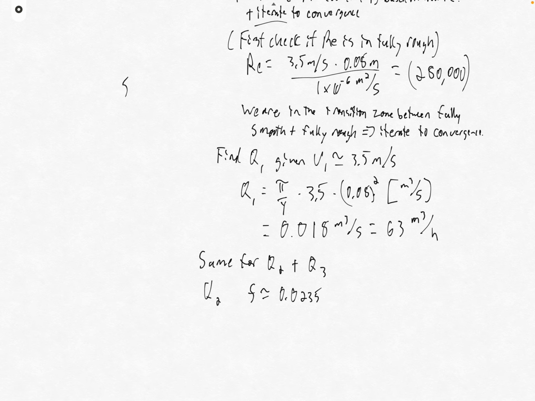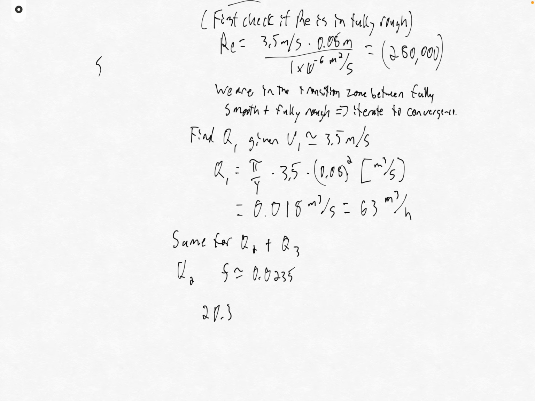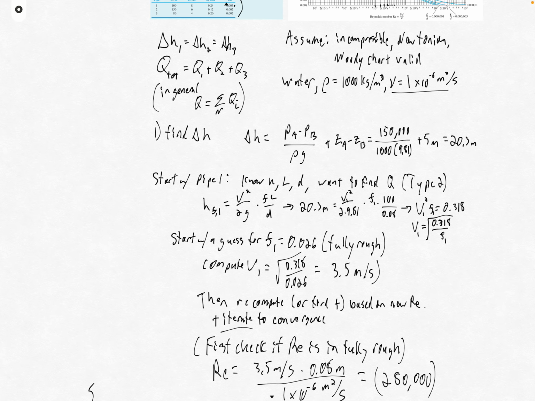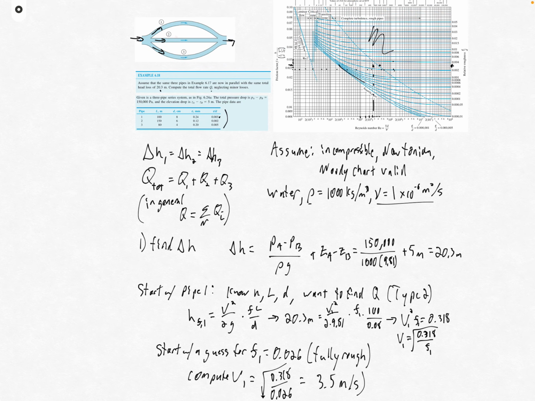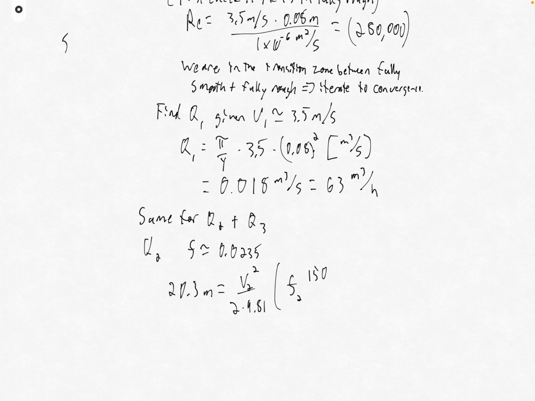So again, from the definition of the friction factor, we have that the total head, in this case 20.3 meters, is going to be equal to v squared over 2g, so 2 times 9.81, times f, L over D, and the length in this case is 150 meters and D is 6 centimeters. 150 meters over 0.06.